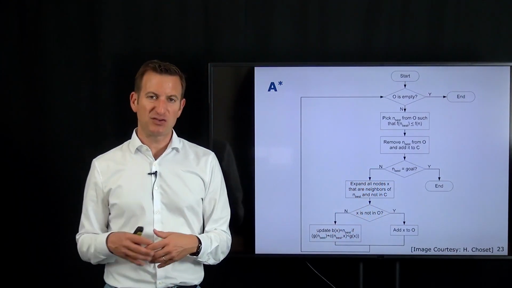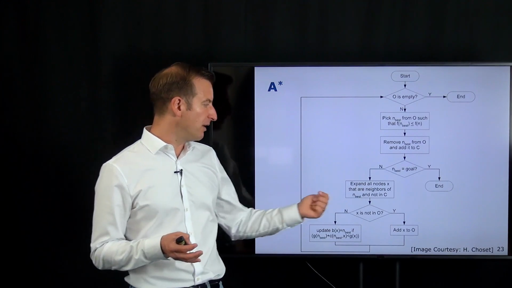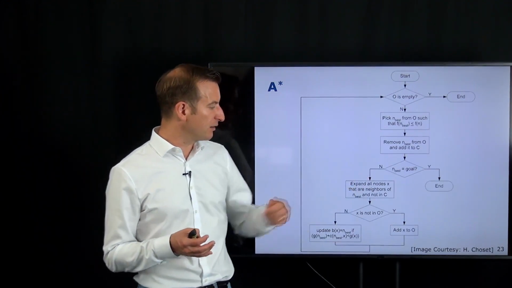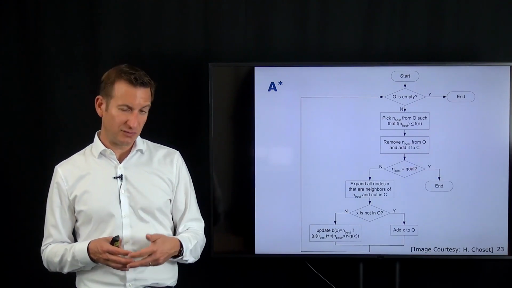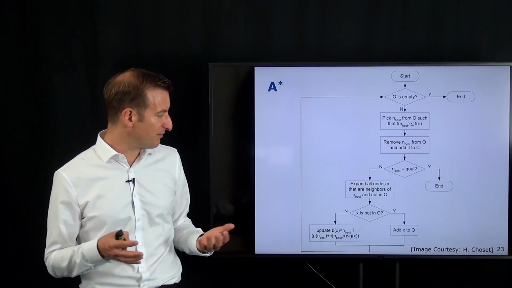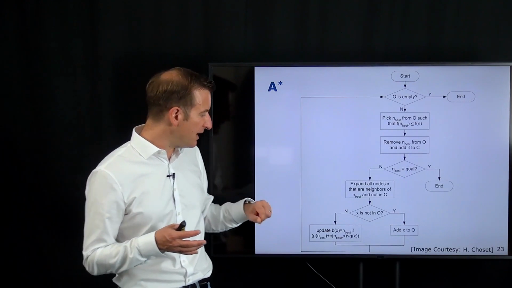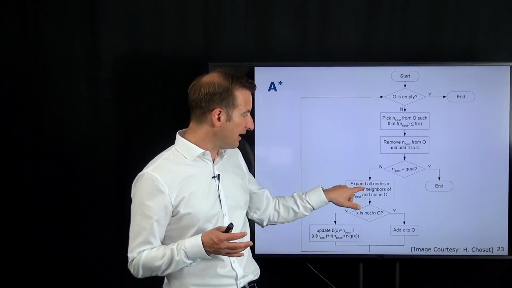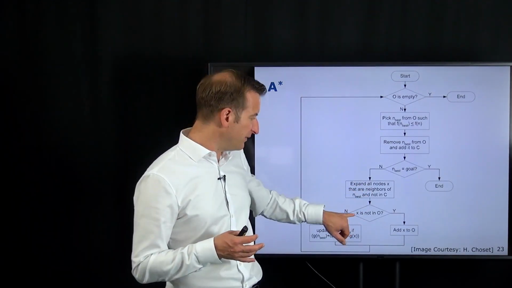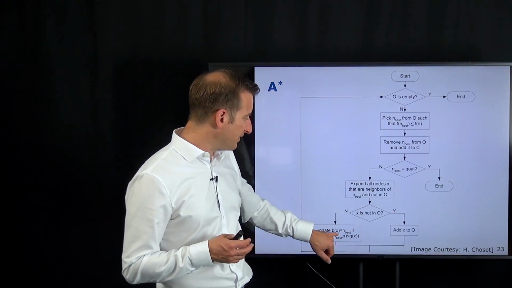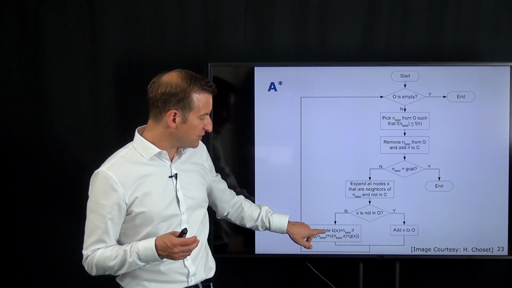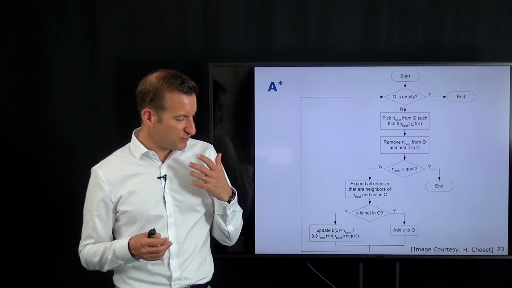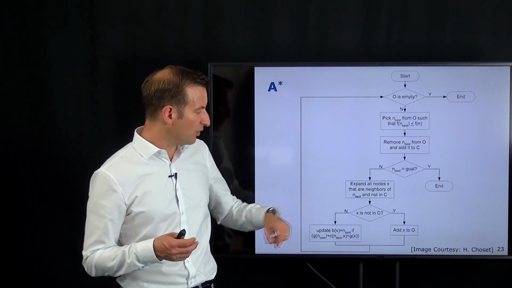So what I then do, I'm expanding all the neighbors of that node that I took out of the open list, and all of those which are not in the closed list, so which have not already been treated, I need to do the following. If it is already in the open list, then I need to update the cost by checking if the new cost of reaching this node is cheaper than the cost that the node already had.